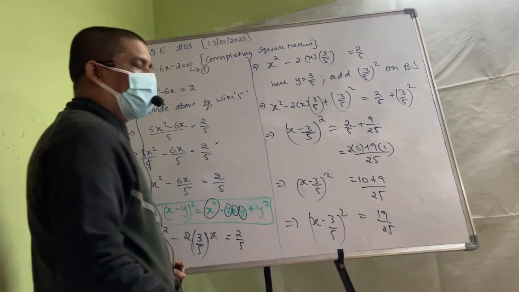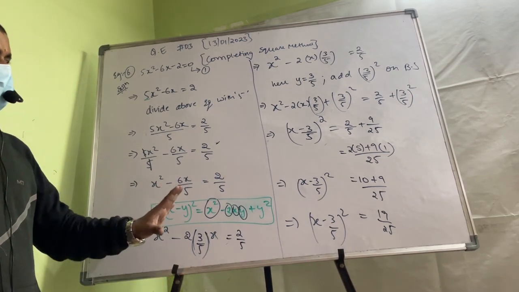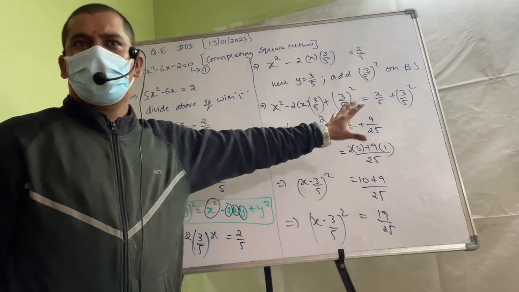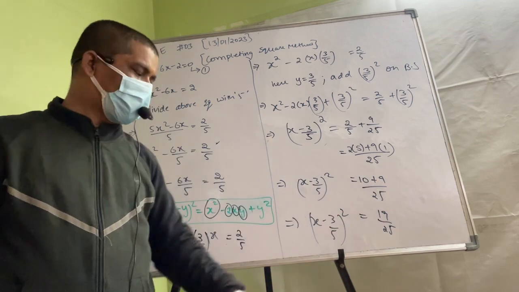But we need only the x value. That's what the root means. Right? So we have still not completed. Is this clear, everyone? Yes. Simply I opened the bracket, did the square and LCM, and I finally got this step.